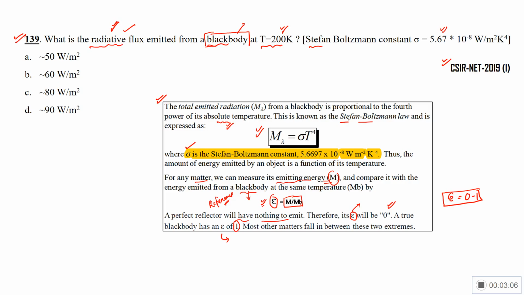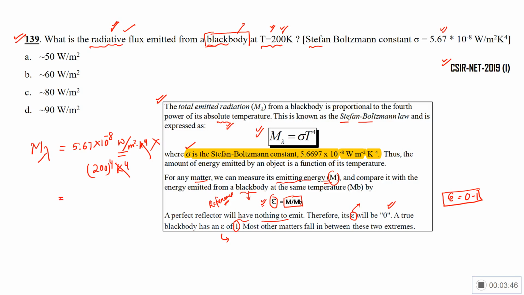The radiative flux will be emitted from a black body, and the temperature maintained is 200. So simply put in the formula: M lambda, and the Stefan-Boltzmann constant is given as 5.67 into 10 to the power minus 8 watt per meter square Kelvin to the power 4, into T to the power 4, that is 200 to the power 4 Kelvin to the power 4. Kelvin will cancel out, then watt per meter square is the unit.